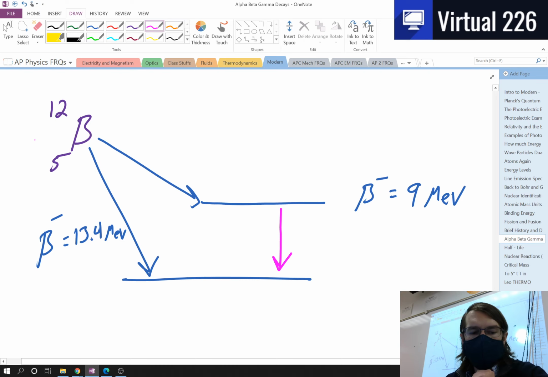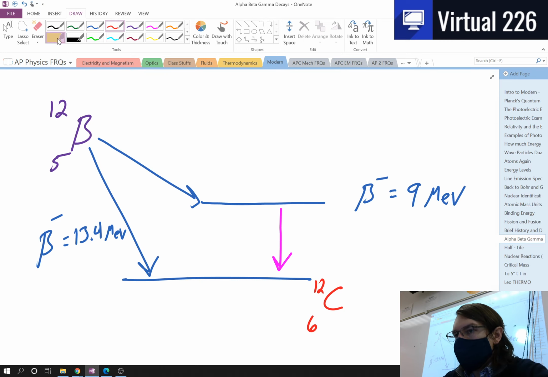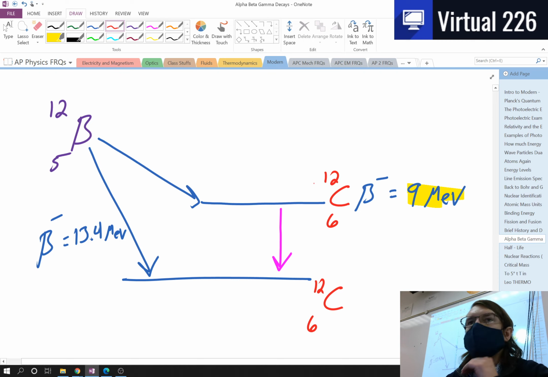When it decays down like this through the beta minus, it's going to become carbon-12. When it decays through the top side, also through a beta minus, it is also becoming carbon-12. Both paths have left us the same new element.